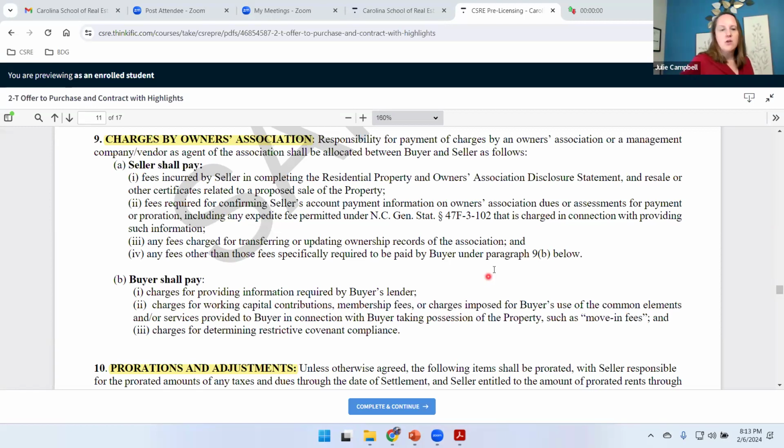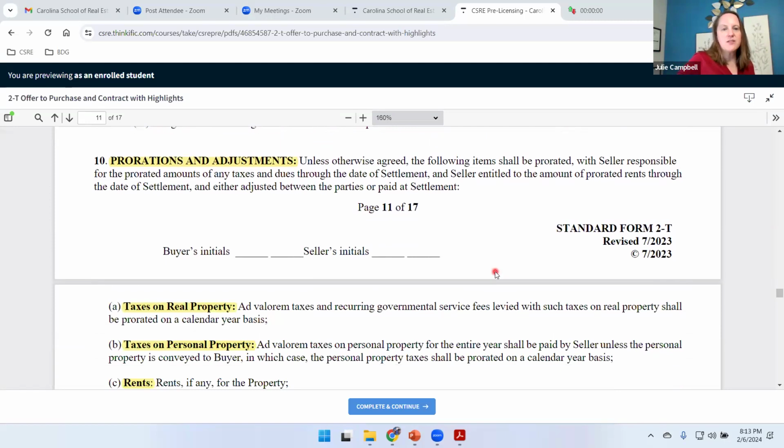Prorations and adjustments. Proration is just taking a shared expense and making it fair, making it equal between the two parties. Prorating is some of the math we get to do in Unit 21. Remember back in Unit 3, we talked about this year's property taxes. So this year's property taxes are something that's going to be prorated.